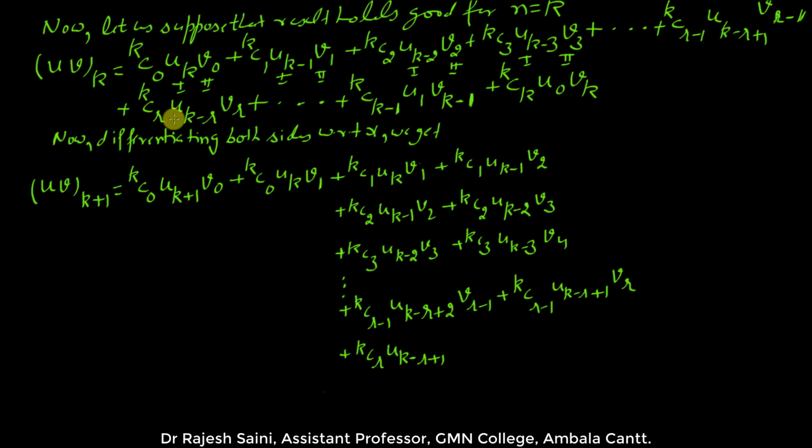Apply product rule over here, first function, second, and also we have applied over here: u_(k-r+1) v_r as such, plus kcr u_(k-r) v_(r+1). Fine.